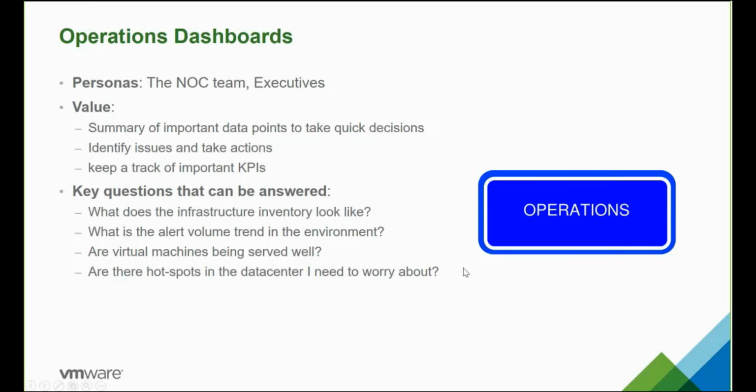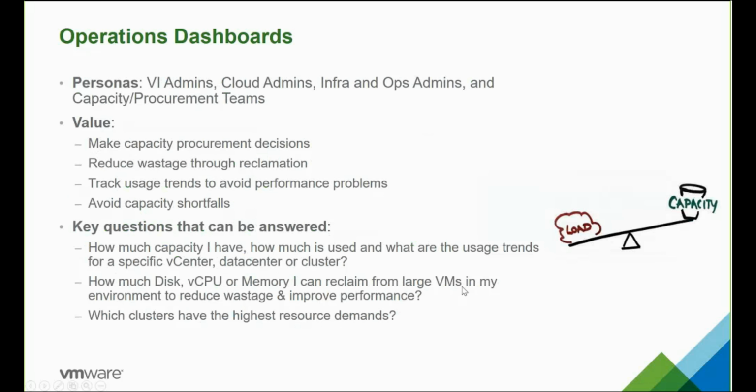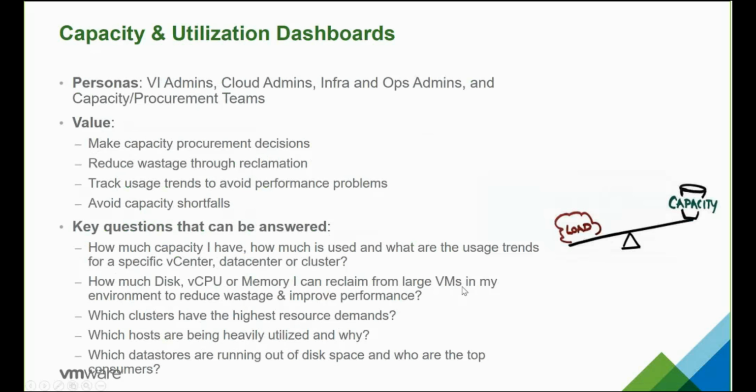The second category around this area is called capacity and utilization dashboards. As the name suggests, it's all around what your demand versus what your supply is, and what the difference is, so that you can take decisions around procurement, and decisions around reclamation, and so on and so forth.